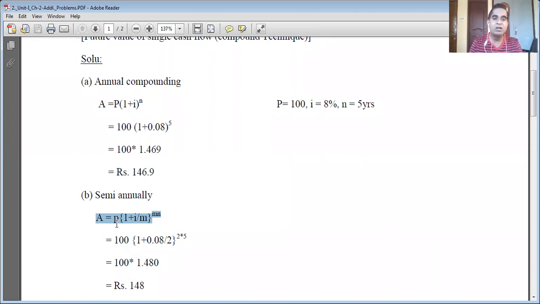So just fill the data into this equation. P is 100 rupees, the principal in the beginning of the period, into bracket 1 plus interest rate 0.08, divided by m.